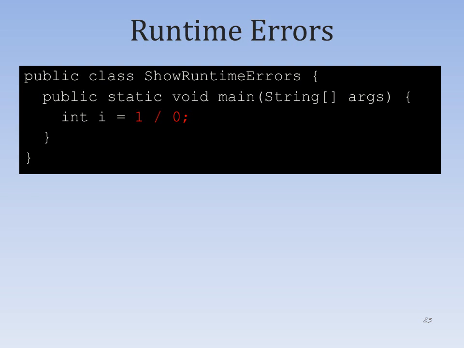Now, what might be a little bit more subtle is if that was 1 divided by, say, a variable named x, and at the time that statement would execute in your program, x might have a value of 0, and that would cause a crash. Nothing you did wrong, other than allowing x to go to a value of 0. So that's simply an example of one of the types of runtime errors you can get.